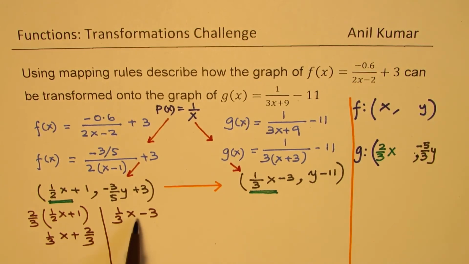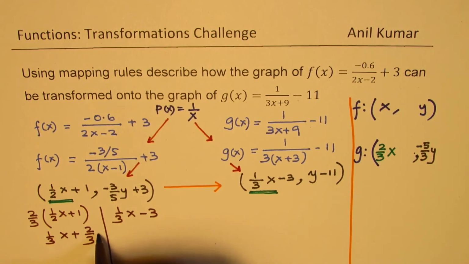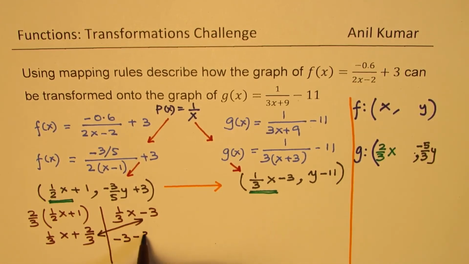So horizontally, what is the difference? Well, it is minus 3 minus 2 over 3, right? Relating these two, we get minus 3 minus 2 over 3 as the result, which is equal to minus 9 over 3 minus 2 over 3, or I can write minus 11 over 3.